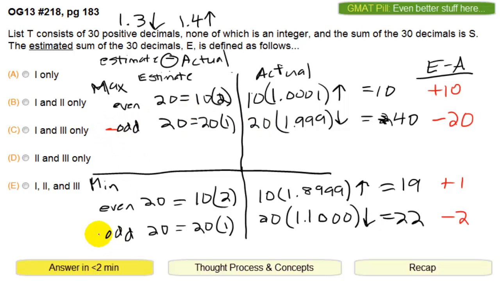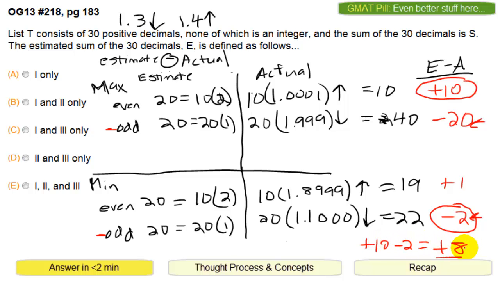Given that we've chosen plus 10, you want to combine it with one of these odd rows. Which odd row do you want? You want the one that's more positive, which is the same as the one that's less negative, which is minus 2. So we combine this plus 10 with this minus 2, and the maximum difference is plus 10 minus 2, which equals plus 8. So that's the maximum difference.